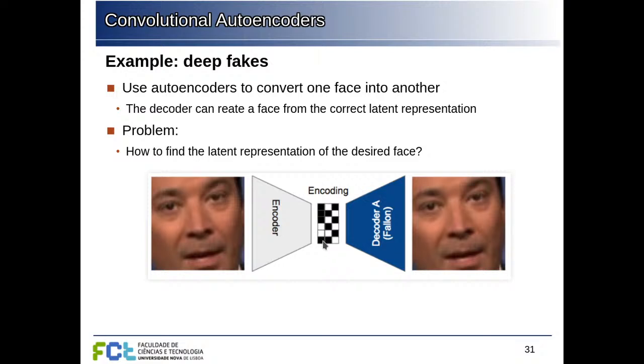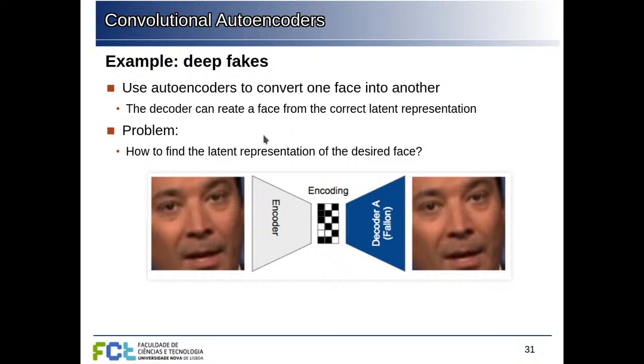And then if we choose the right value for this vector, we can use the decoder to give us the face that we want. So if we change the encoding here, the code on this part, we get a different face. The problem is that this will only work for some codes, and we have no way at the start of knowing what is the code for the face that we want.